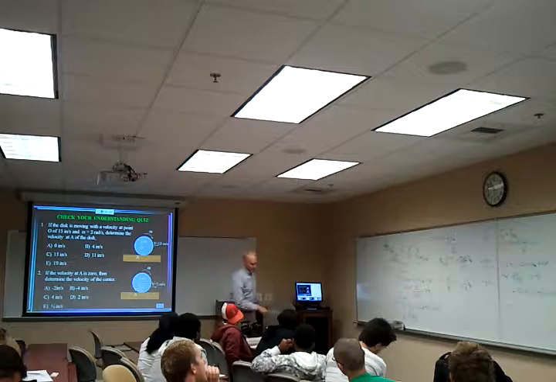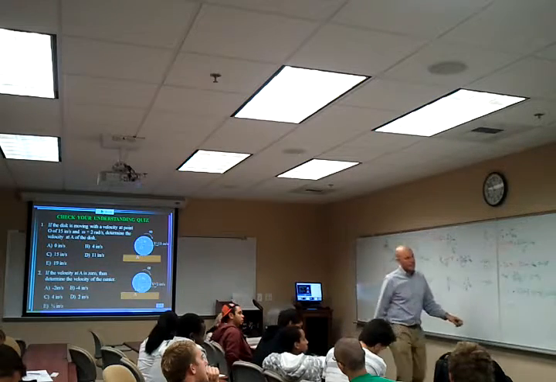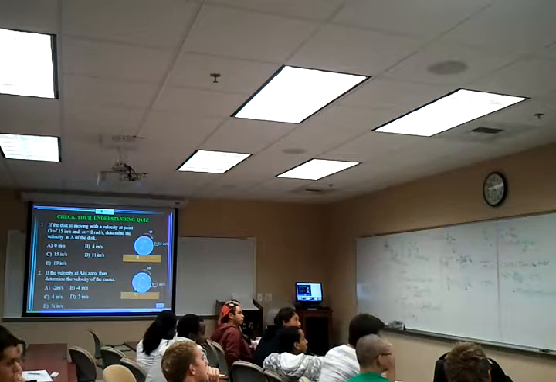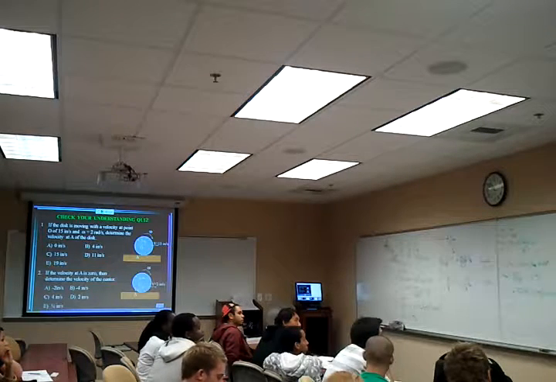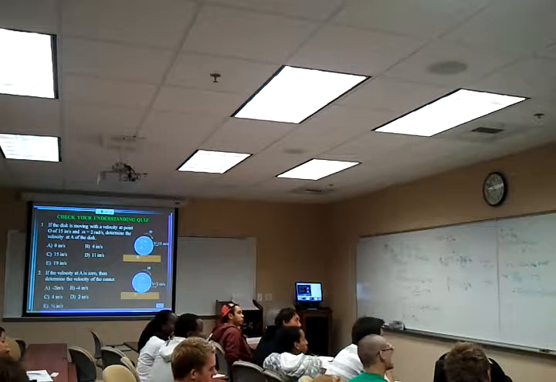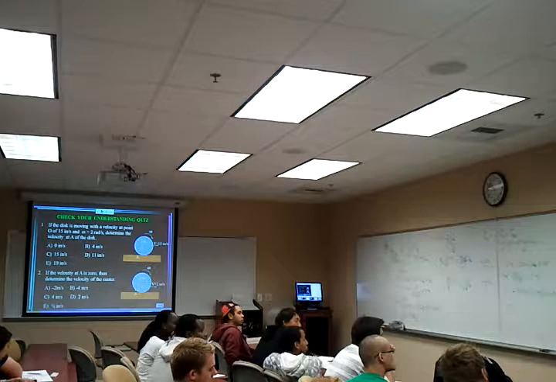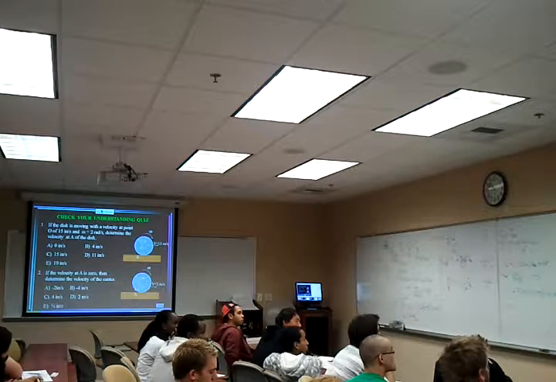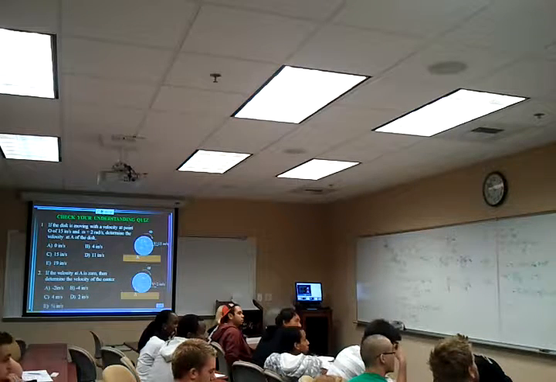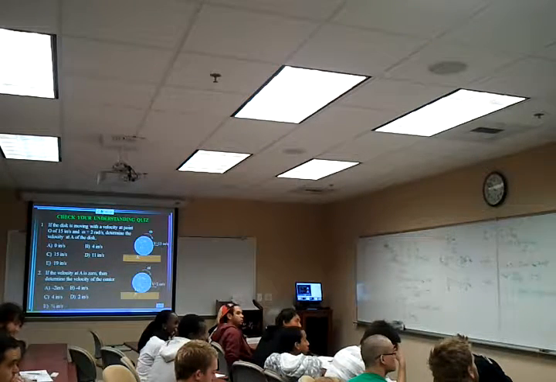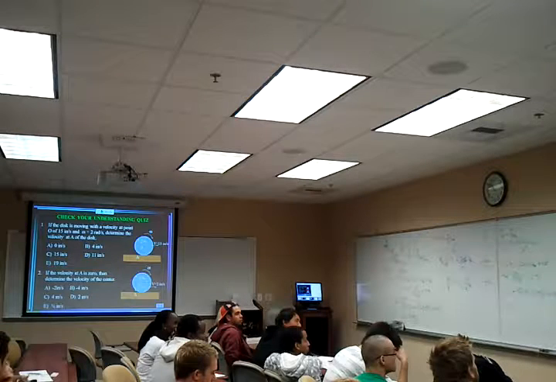Or you could do it the other way. You could also do it where this distance is 1, and we're rotating about A, where we know VA is 2 inches per second. We're still rotating about A, so this is 2 radians per second.